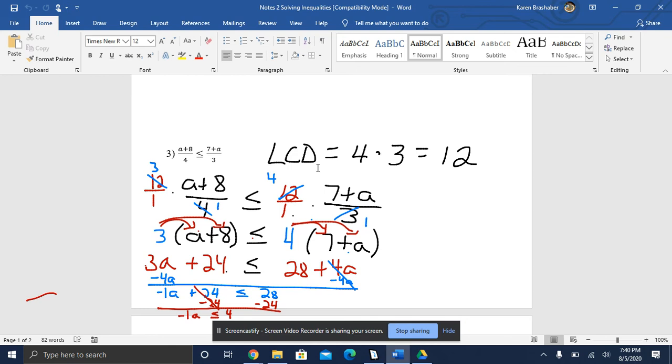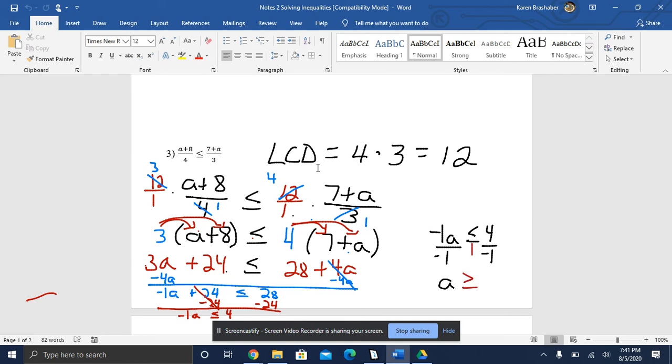Now, so that I have plenty of room, I'm going to repeat that line. So I have negative 1a is less than or equal to 4. I'm going to divide both sides. Now look, I'm dividing by a negative. So I have to remember that when that happens, I will need to reverse that inequality.